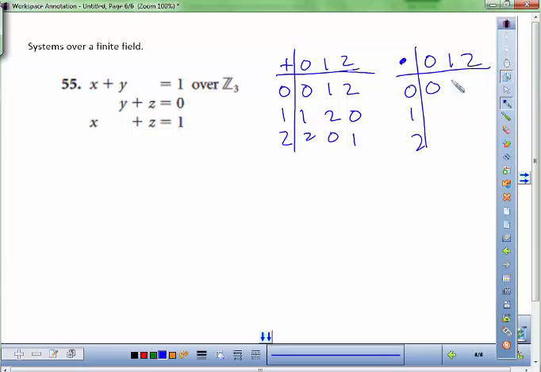And your multiplication table should be kind of similar. Anything times 0 is 0, 1 times anything is anything, and the only thing you need to worry about is figuring out what 2 times 2 is. That's the same thing as 2 plus 2. 2 times 2 is 4, which is 1 mod 3.